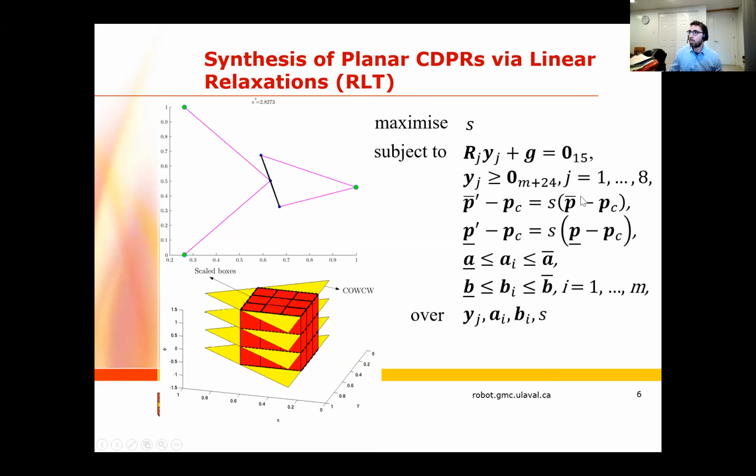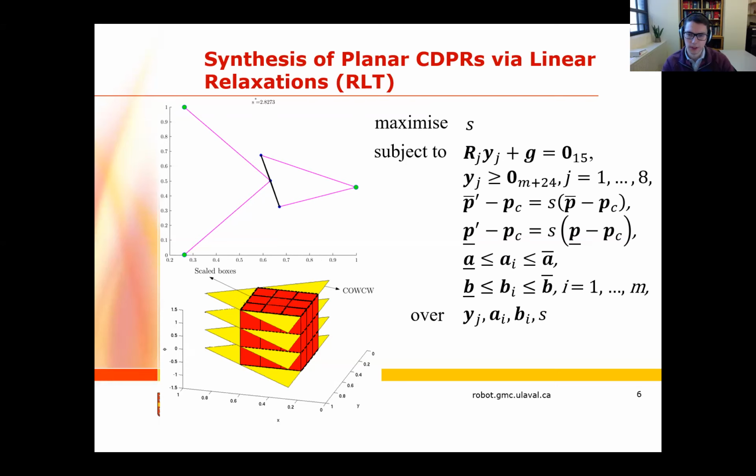But my P overline not prime is a constant, because I'm starting from a known box. So this is my known box, and this is my scaled box. That's still linear here, but the nonlinearity is in RJ. I didn't put the full explanations, but RJ is dependent on AI, and so it's a complicated matrix that's nonlinear.